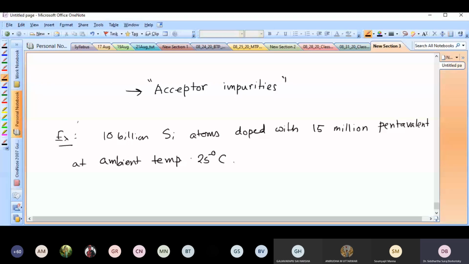The question is, how many free electrons and holes are there?